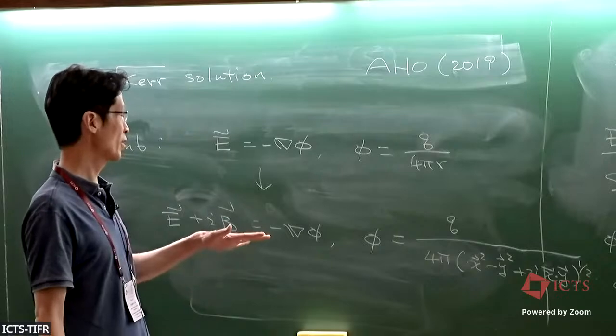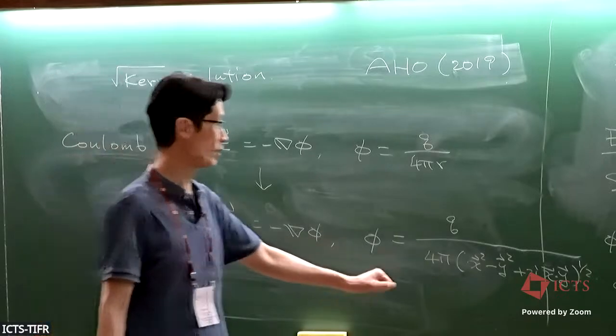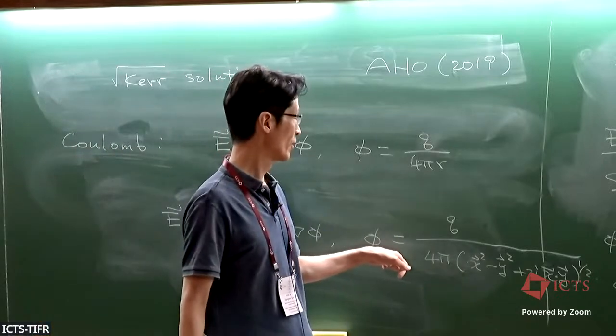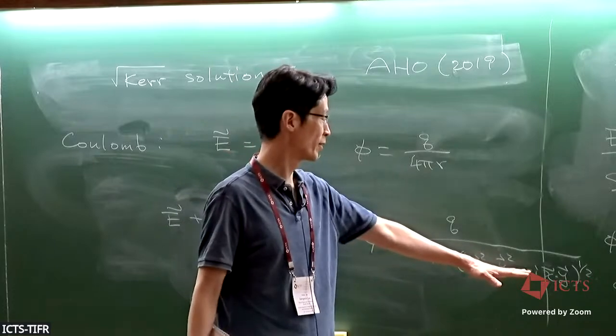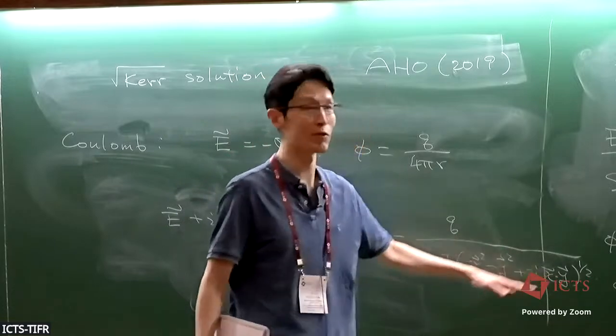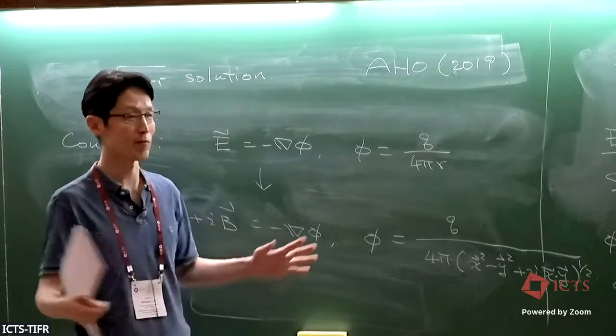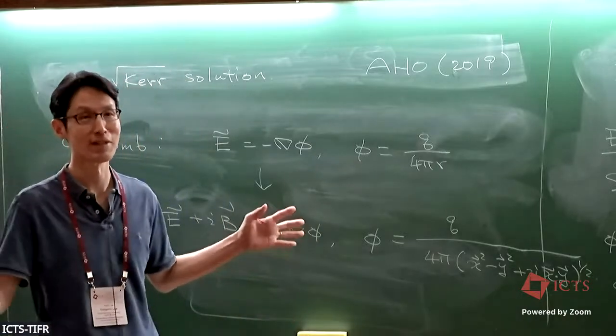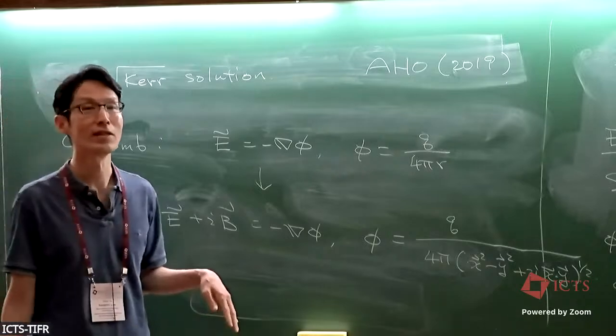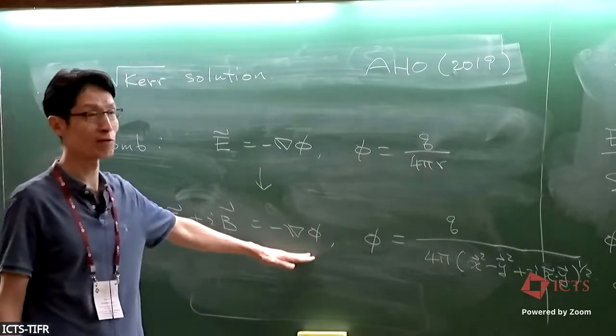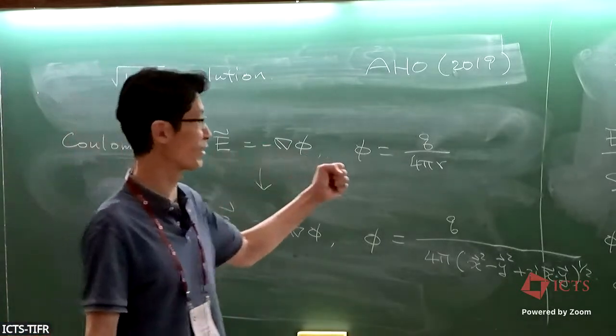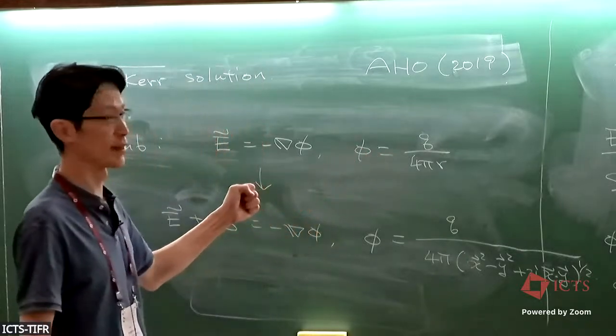But it's easy enough to show that away from the particular point where this guy vanishes, the vacuum Maxwell equation is satisfied in a trivial way. So it's an exact solution of some strange charged spinning particle.